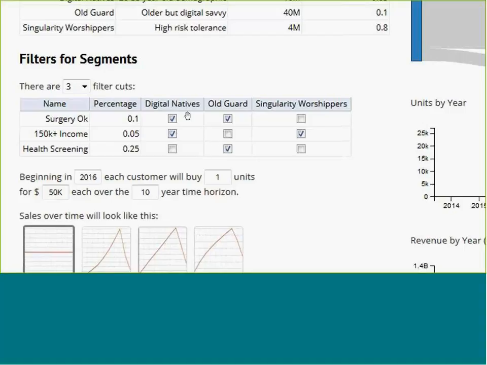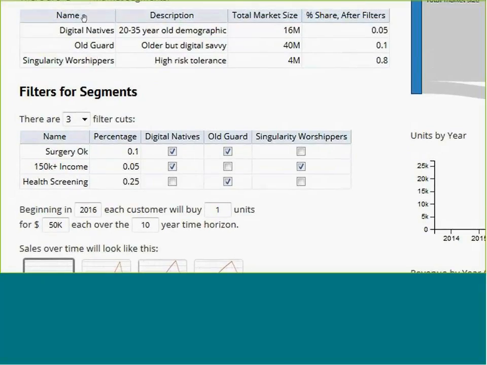And you see how these are applied to the specific segments up here. And I neglected to say this is an imaginary product analysis for an implant for Google search that you would have added to your own cranium.